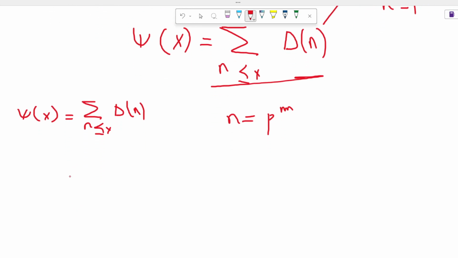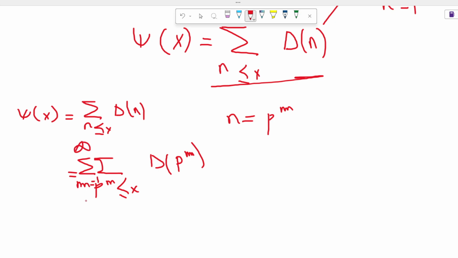So we can rewrite this as the sum as p to the power m is less than x of the Mangoldt function of p to the power m. But as you can see, the variable m is not defined. So we need to add m going from 1 all the way to infinity, while satisfying the condition that p to the power m is less than x.